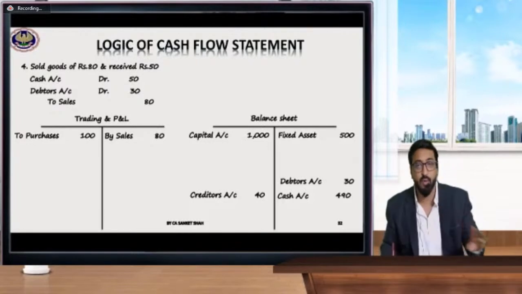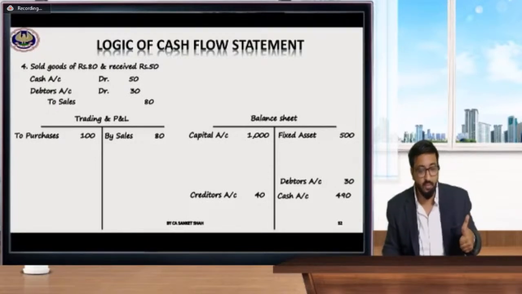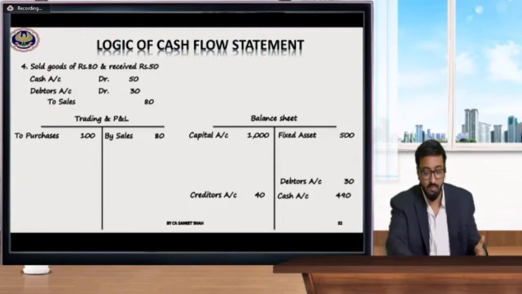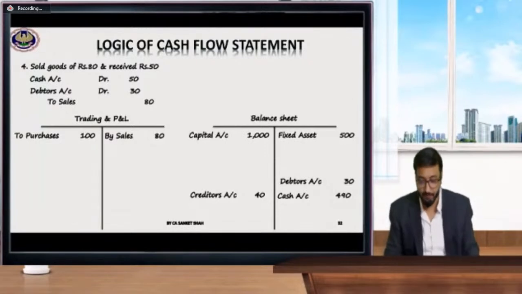And fourth one, 80 sales, 50 received, plus in cash. So how did the cash come until now? First one you can take on calculator: 1000 minus 500 minus 60 plus 50, so 490. So till now everything is clear. Cash is coming to your mind? Very good. So your cash has come.